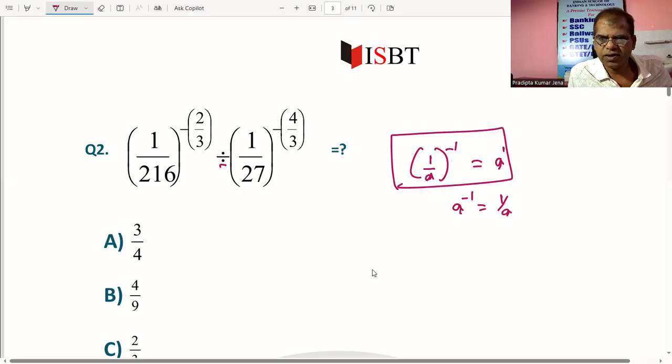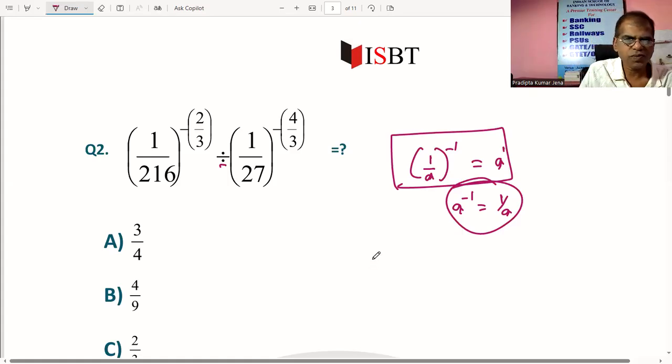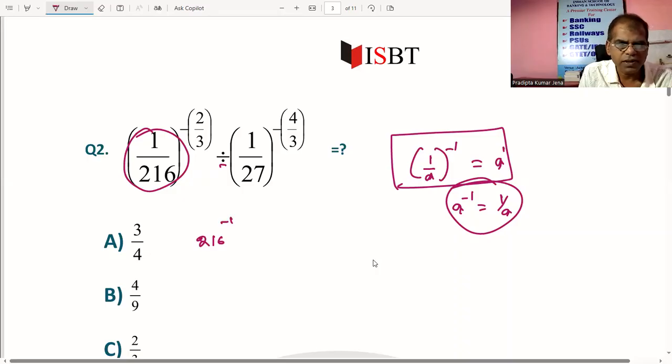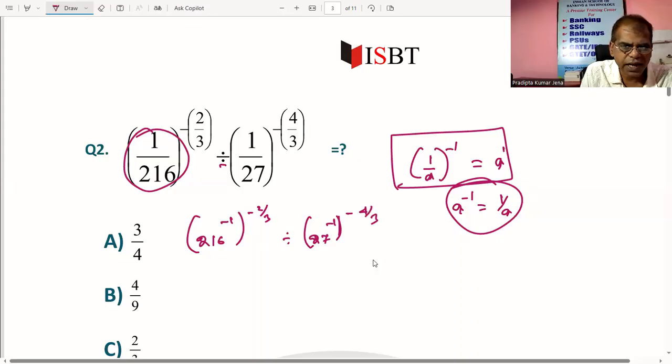So now we can write directly 216 to the power -1, whole to the power -2/3, divided by 1/27, which we can write as 27 to the power -1, whole to the power -4/3.